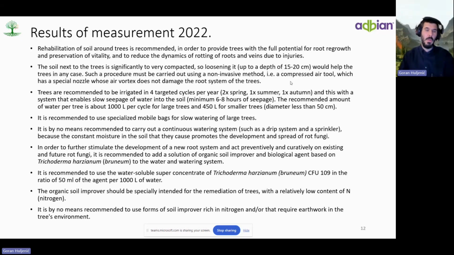And we also really recommend using a biological agent based on Trichoderma harzianum, because we have some good results applying this method for root remediation. We are hoping that if the public institution in the city applies this method, they can push the trees to build new roots and in that way secure their future.